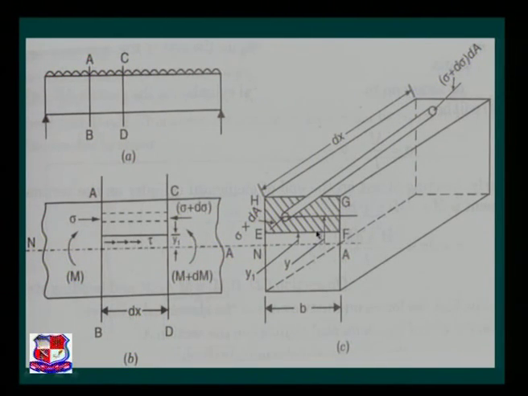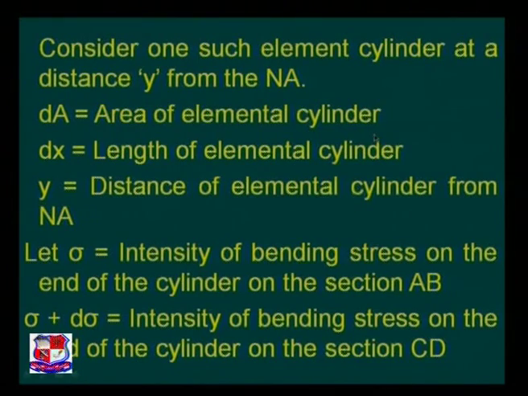We are considering the area above this level EF, in which we have considered one cylinder of cross sectional area dA and length dx. So consider one such elemental cylinder dA at a distance y from the neutral axis. Remember this word, y from the neutral axis.